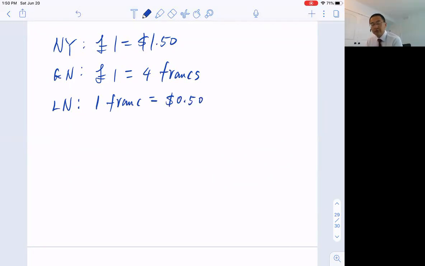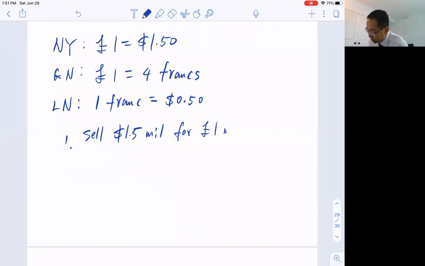If this is the current situation, you spot these 3 exchange rates, and let's assume that you are very good at this and can quickly do the math in your head, you realize, hey, these are not the same, right? So you can exploit this by doing the following 3 transactions simultaneously. First, you sell $1.5 million for 1 million pounds, so you buy 1 million pounds in New York.